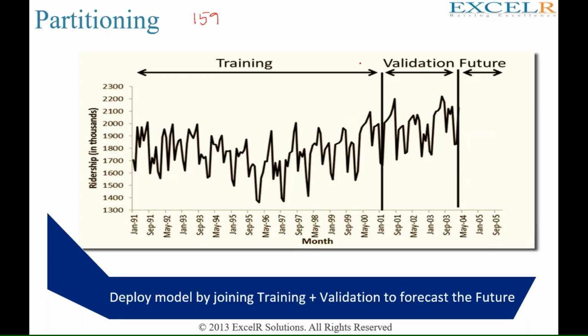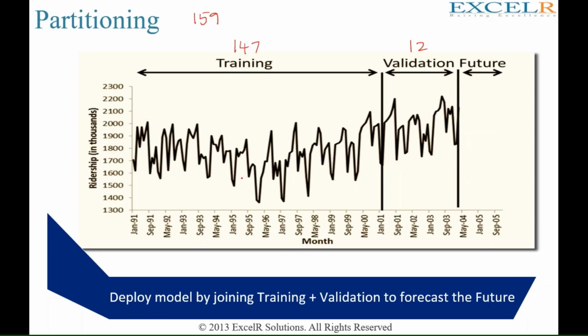Here, we divide the complete data into training data and validation data. You take 147 data points as the training set and 12 data points as the validation set. Why 12? Because we want to forecast for the next 1 year, so we use 1 year of data for validation or testing.